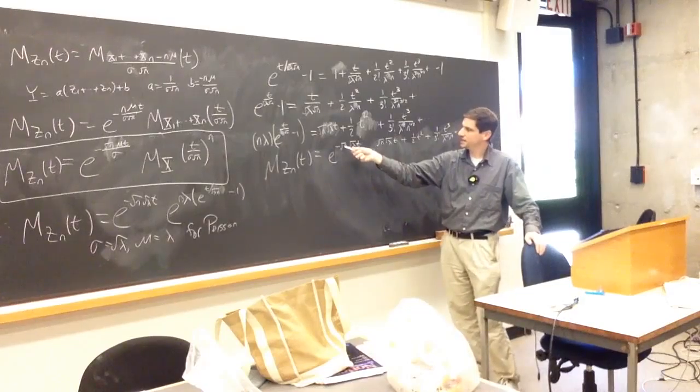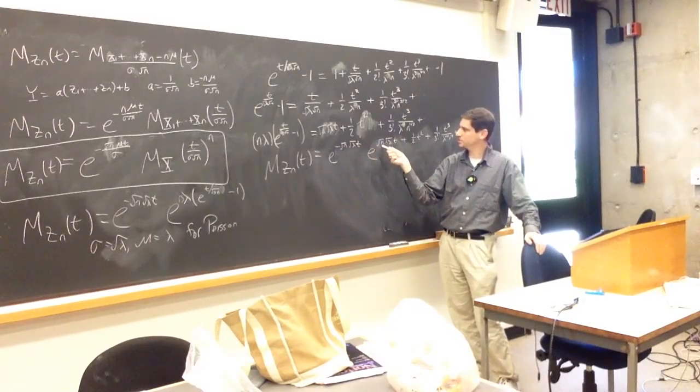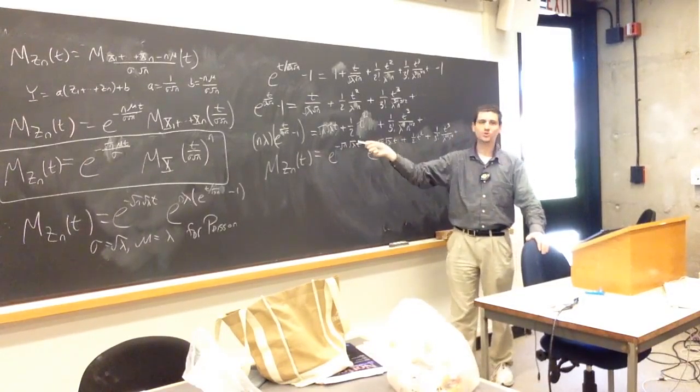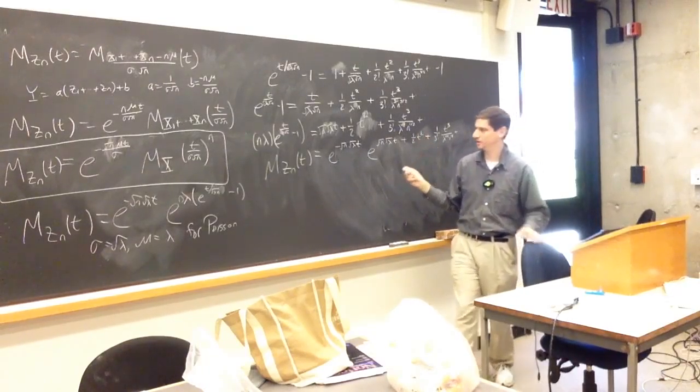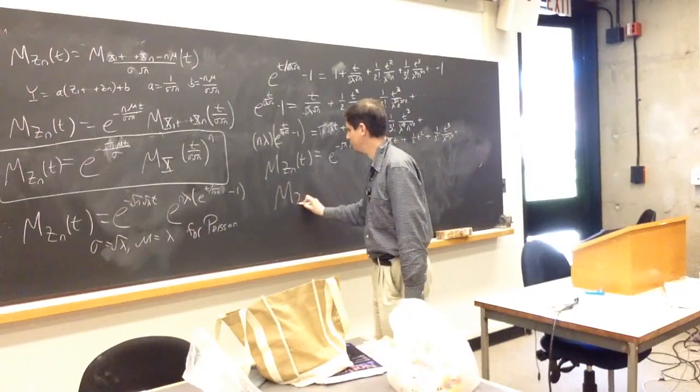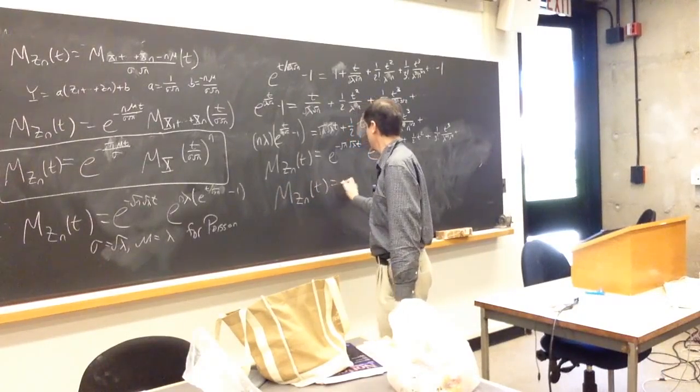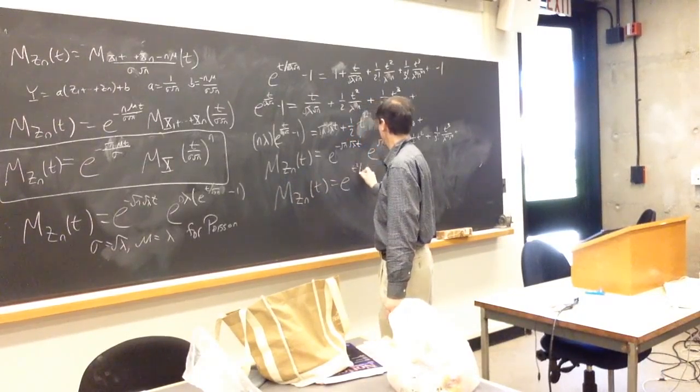Well, we have an e to the negative square root of n square root of lambda t, and e to the square root of n square root of lambda t. Those two terms completely cancel. We have an e to the 1/2 t squared. So we get the moment generating function of zn of t is e to the t squared over 2.